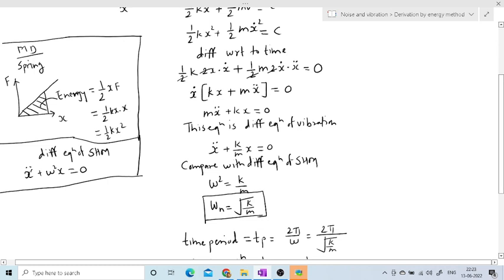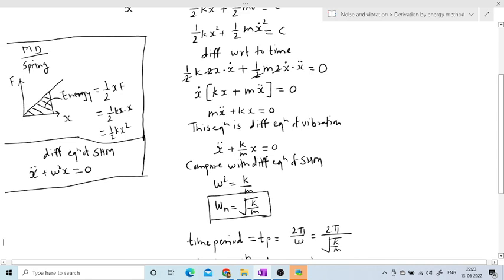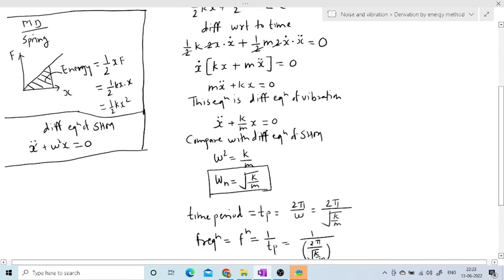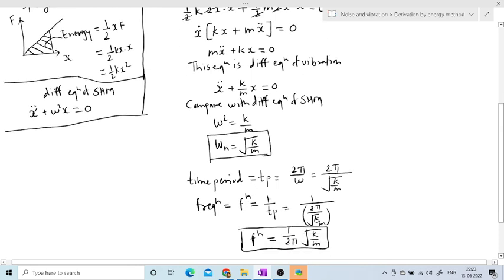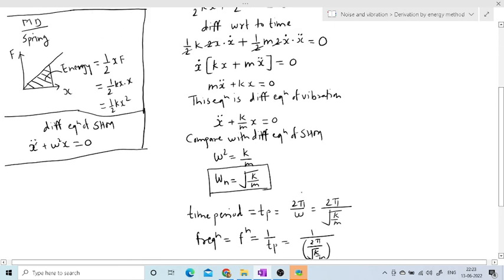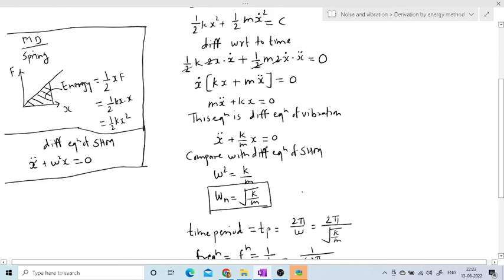So omega n is equal to root k by m, and from that we can determine the time period. Tp is equal to 2 pi by omega, and the frequency is nothing but 1 divided by the time period. So the frequency is 1 divided by 2 pi under root k by m. This is the derivation by using the energy theorem. Thank you.